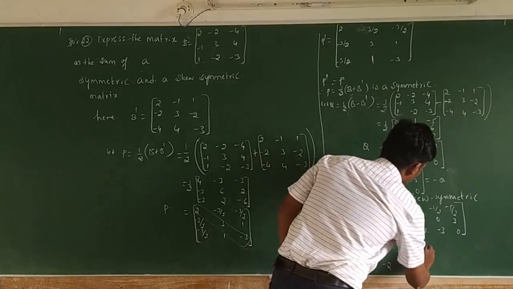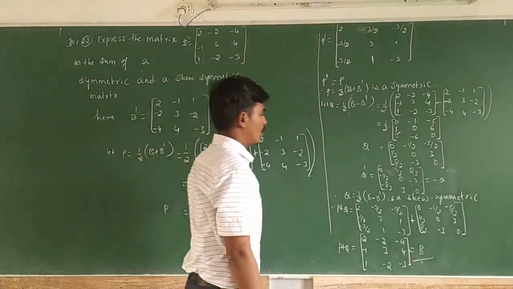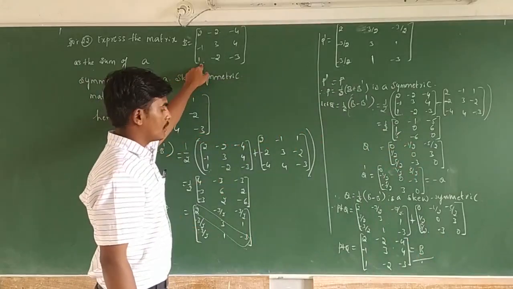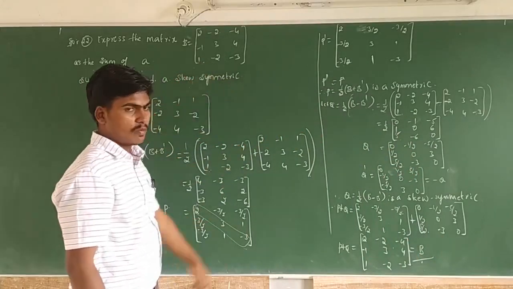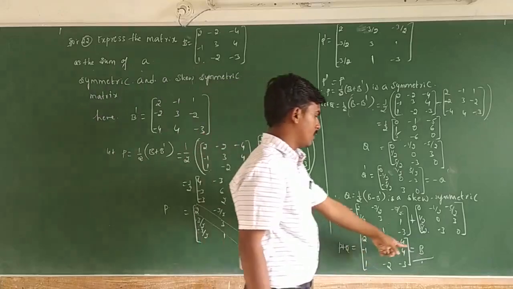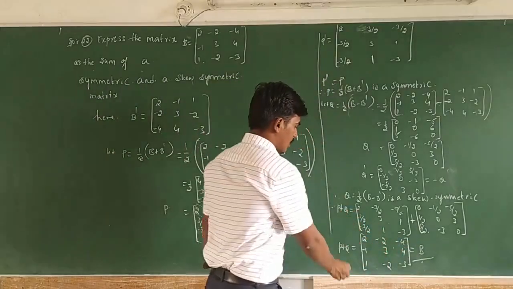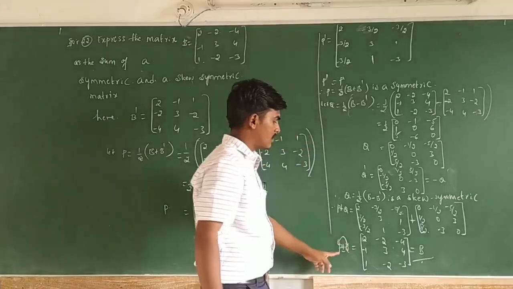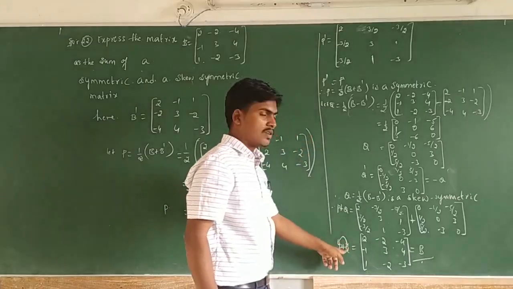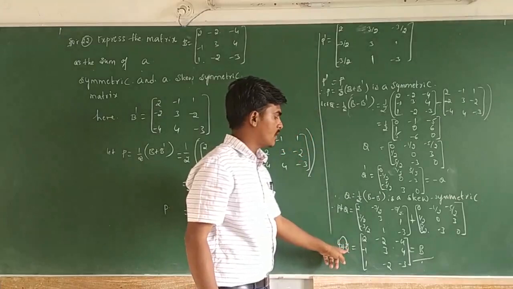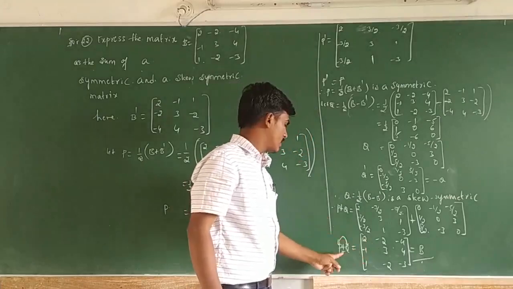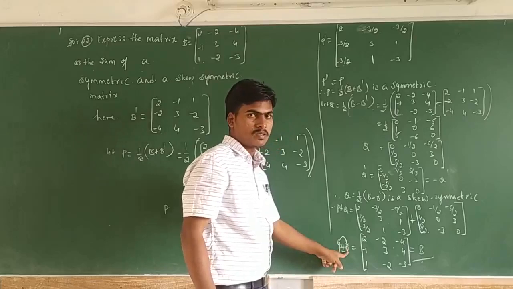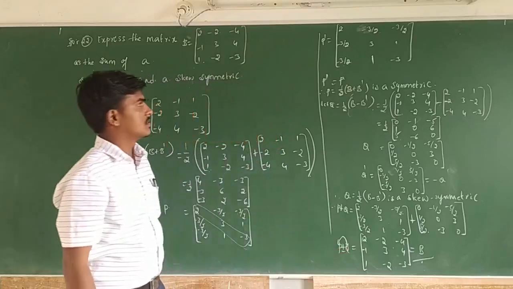So this is clearly matrix B: 2, -2, -4, then -1, 3, 4, 1, -2, -3. So what we have shown is that matrix B is a sum of a symmetric and a skew symmetric matrix. P is a symmetric matrix and Q is a skew symmetric matrix, and we have shown that matrix B is a sum of the symmetric matrix and a skew symmetric matrix. Okay. Next problem.